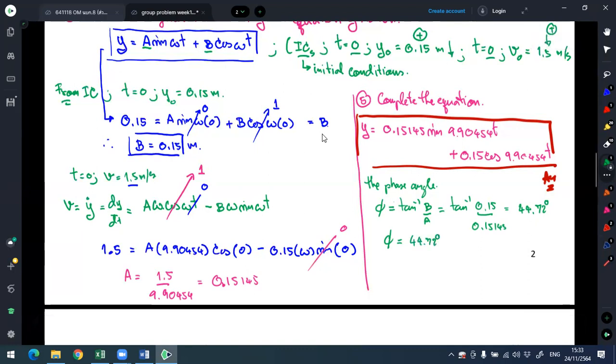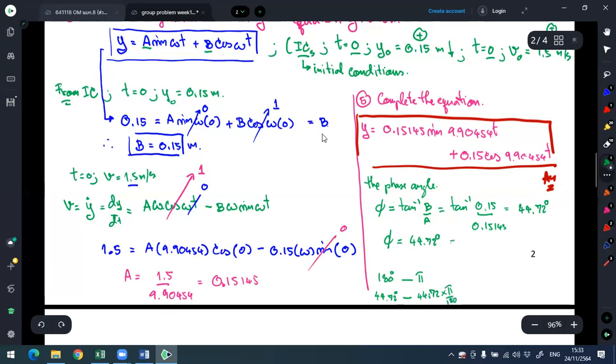We know that 180 degrees is pi radians. So 44.72 degrees should be 44.72 times pi divided by 180.